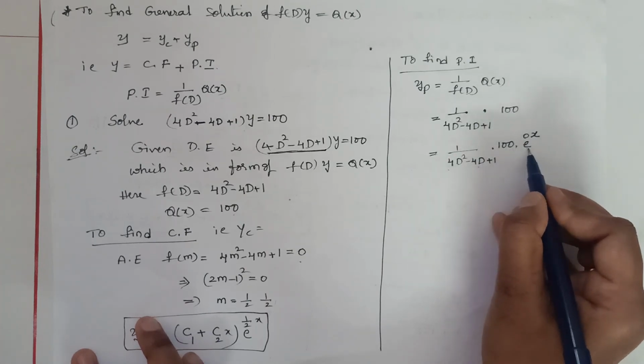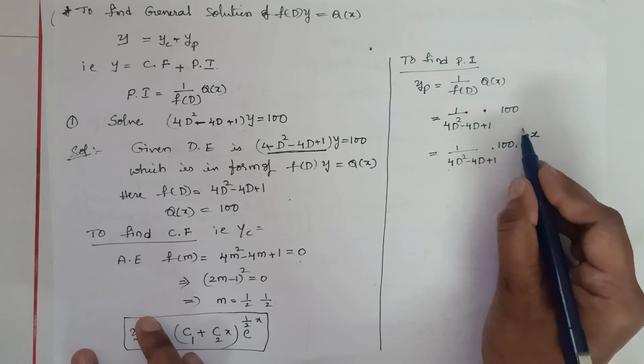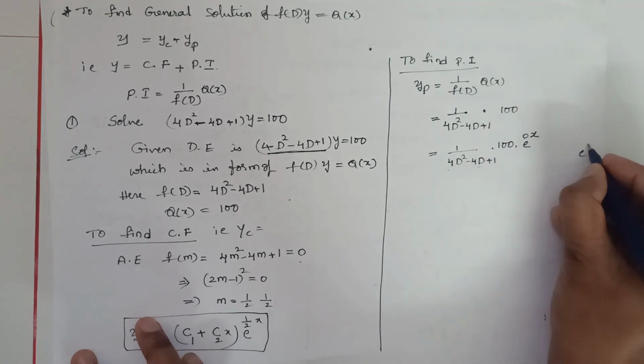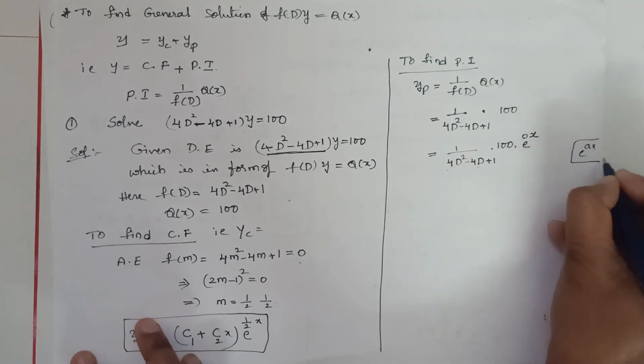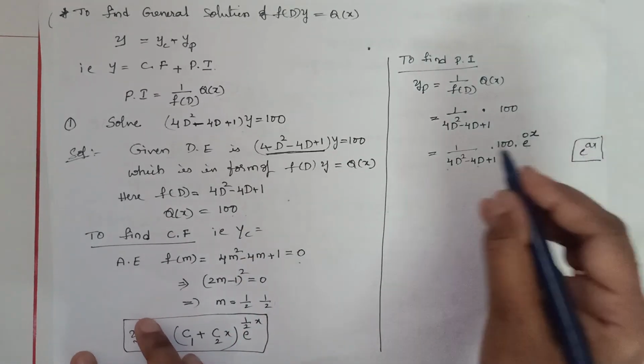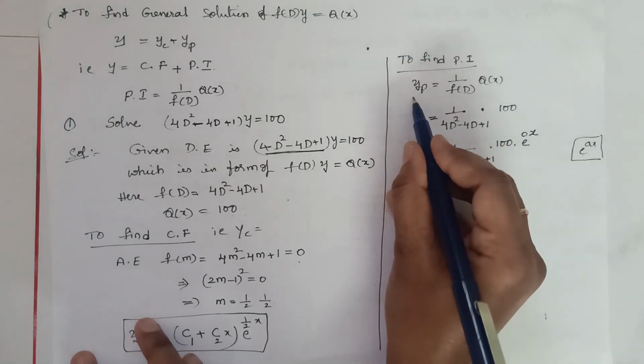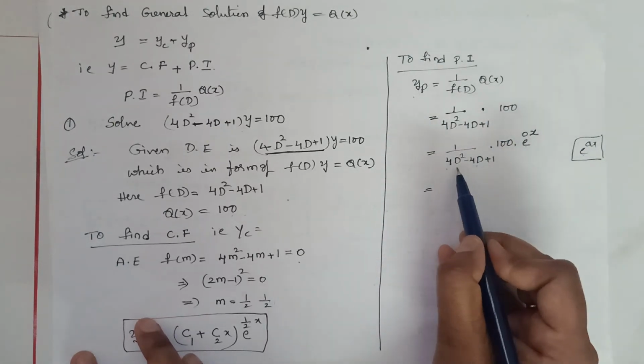So 1 times 100, again you get 100. But if I write 100 as 100e^(0x), it is in the form of e^(ax). Here Q(x) is of the type e^(ax). In e^(ax), to get the particular integral, you need to substitute D = a.